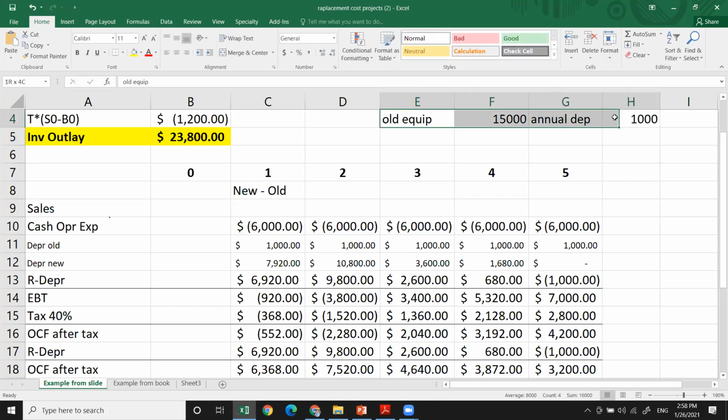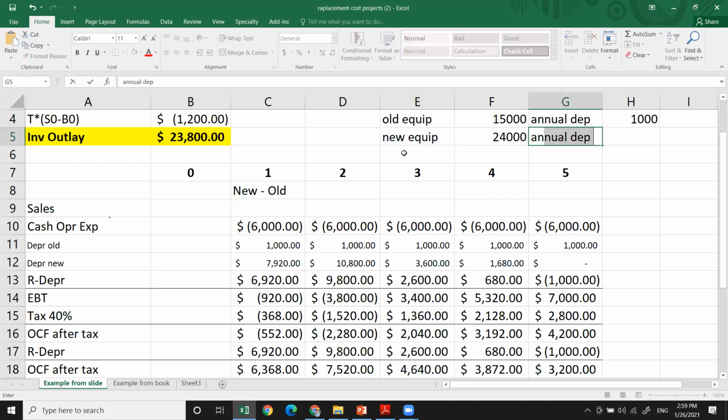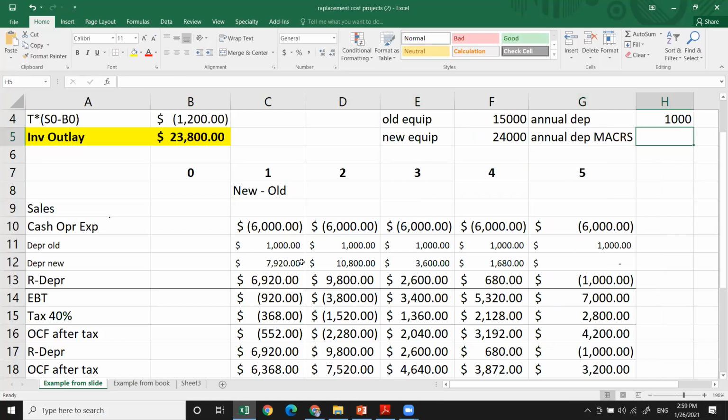Okay, this is for old equipment. New equipment, depreciation is 24,000, and it is annual depreciation with MACRS. And it follows here, 7,000 and so on, 7,920, and I'll put 3 dots here.